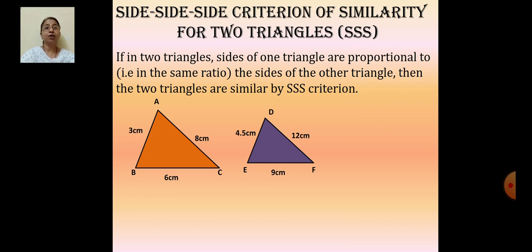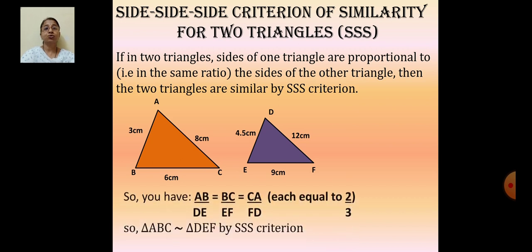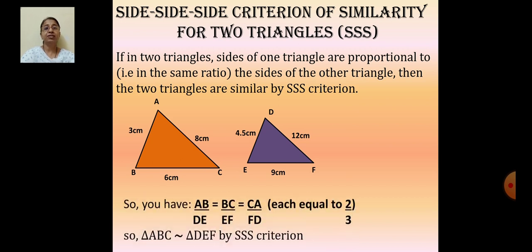Now let us see how to take the ratio. Here in triangle ABC and triangle DEF, we'll take the ratios one by one. You have AB upon DE. Measures are given. What will be AB upon DE? 3 upon 4.5. If you simplify, you will get the simplified ratio as 2 upon 3. Now the second ratio, you take BC upon EF.